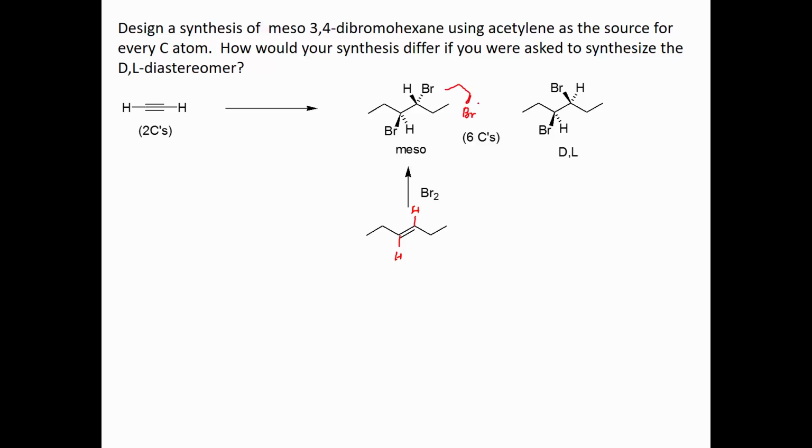That's just the way people normally draw acyclic molecules. All right, so we have to turn it into a conformation where things are lined up. And when you look at it that way, you see, of course, that this is, in fact, meso. There's our imaginary plane of symmetry right there. Okay, bromine, hydrogen.